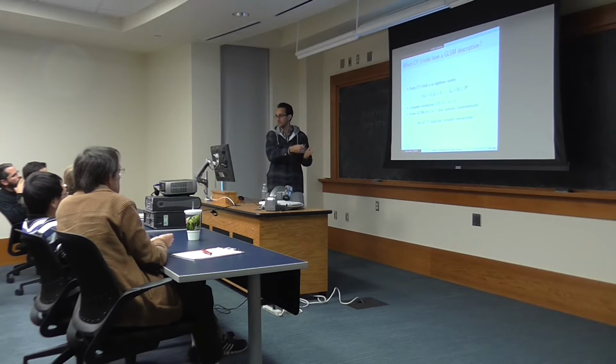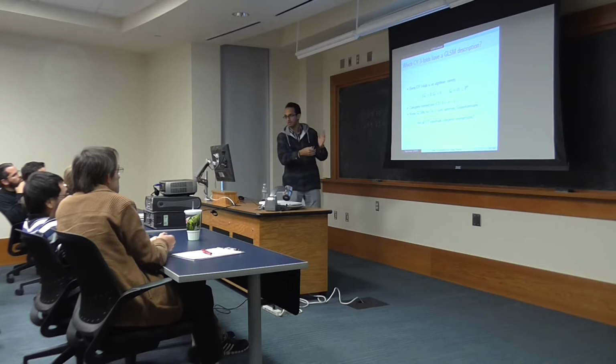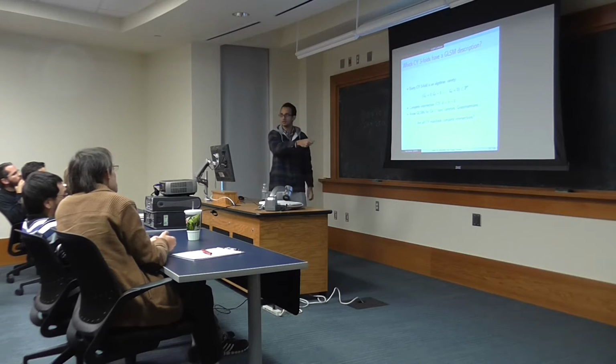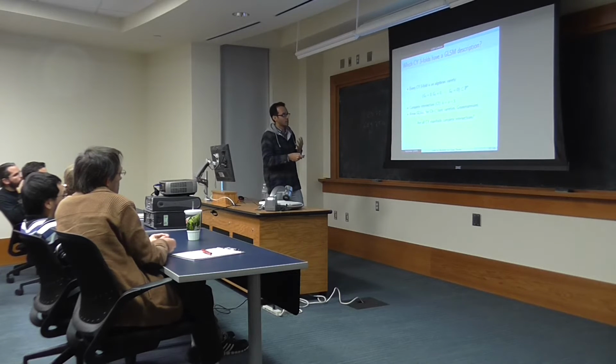So that's in some sense simple. Is that clear? These are complete intersections, and we know how to construct GLSMs for any Calabi-Yau that has such a presentation. So now you can ask the question: are all Calabi-Yau manifolds complete intersections?